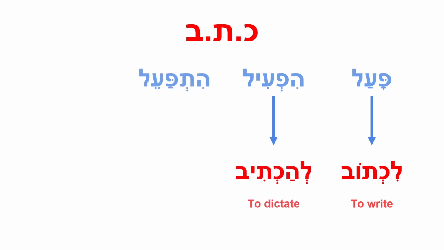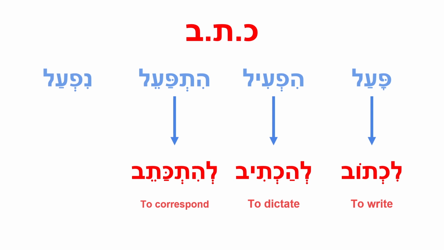Hitpa'el, we remember that this binyan can be either a reflexive action, a transitional action, or a mutual action. So in that case, it will be actually a mutual action that we perform with another person, because lehitkatev is to correspond. And also we can apply it to nifal, and if we remember, nifal is the passive of pa'al.